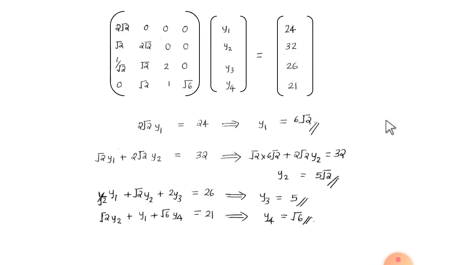So solve it. You will get 2 root 2 Y1 equal to 24. How do we get that? Multiplying this row with this column, you will get the value of Y1. Similarly, multiply this row with this column, then find the value of Y2. Then multiply this row with this column, find the value of Y3. And multiply this row with this column, find the value of Y4.